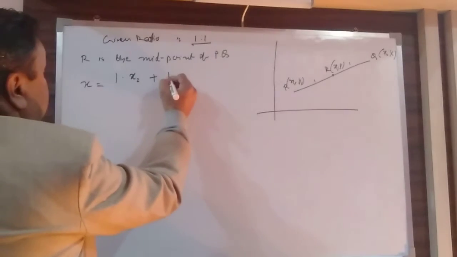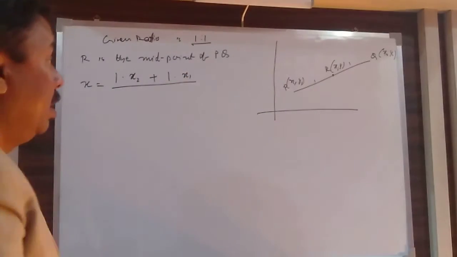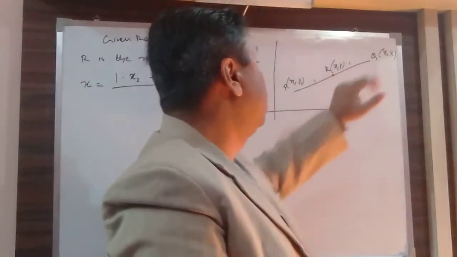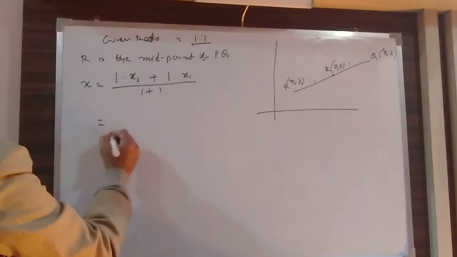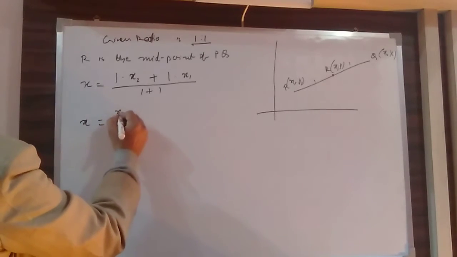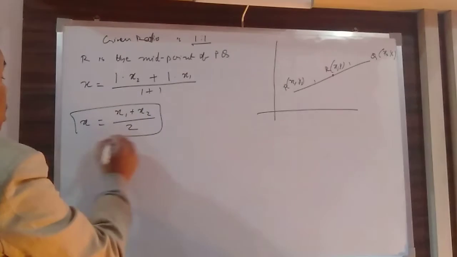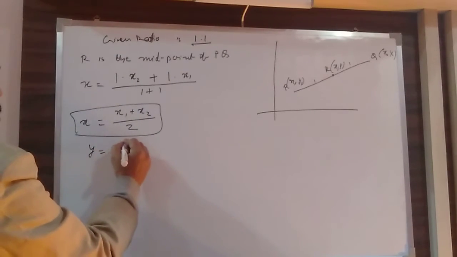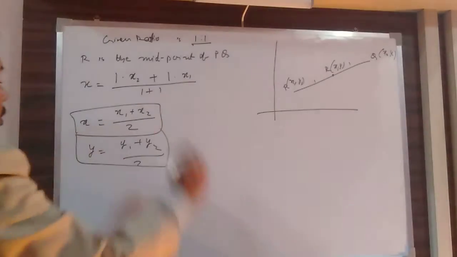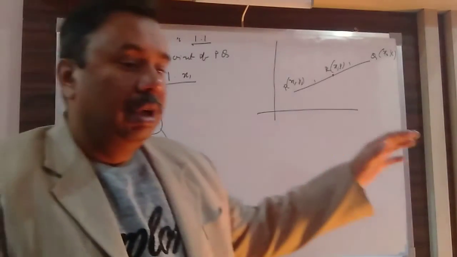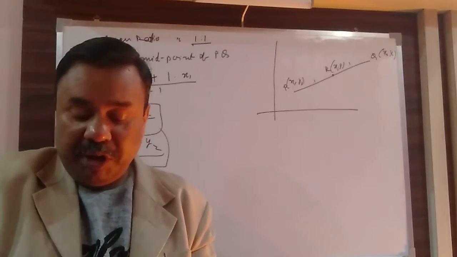So again it is 1 into x1 divided by sum of both ratios. So it is 1 plus 1. So what I get? x1 plus x2 divided by 2. This is how we have to find out the midpoint of a line segment whose endpoints have been given to you.